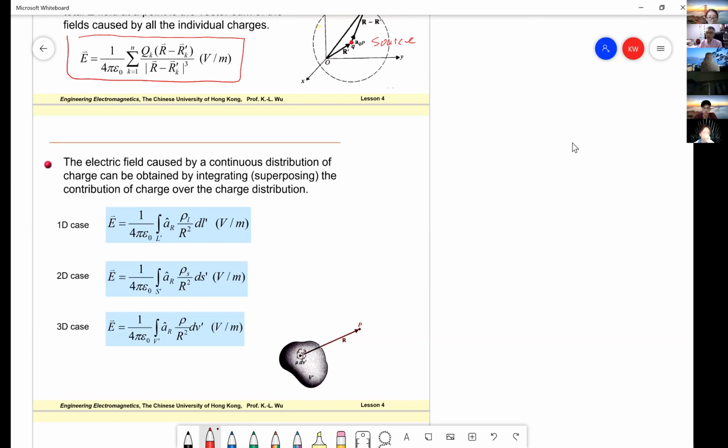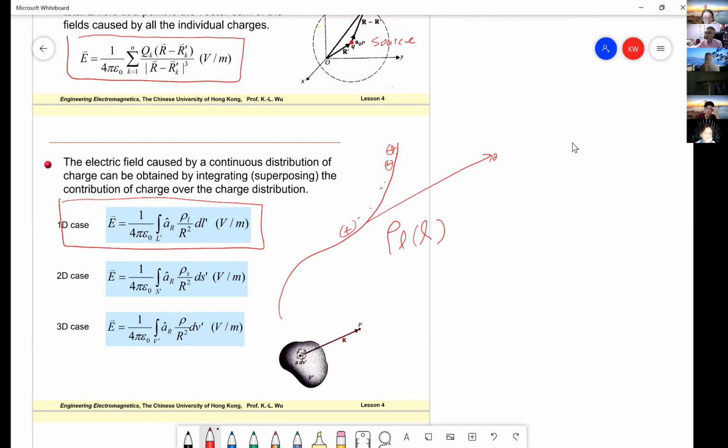If the charge is continuously distributed along a wire, with a certain distribution I call rho L, a function of location, then we can find the field at any point by line integration.